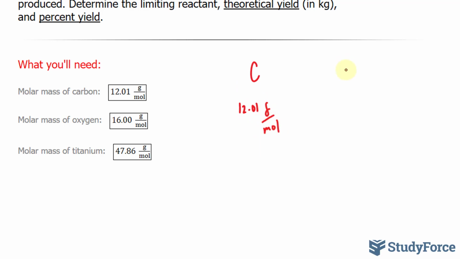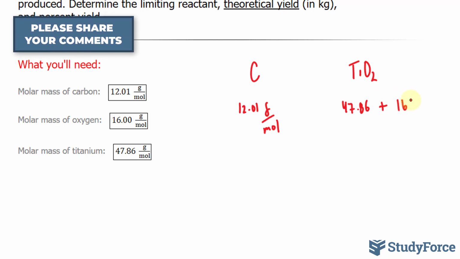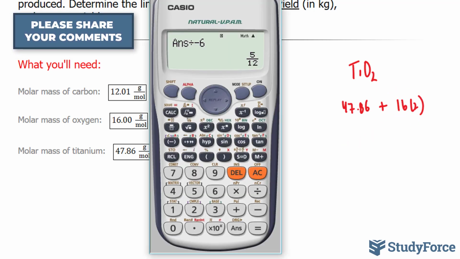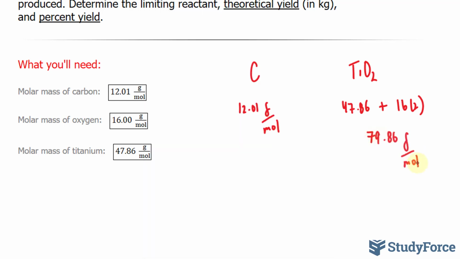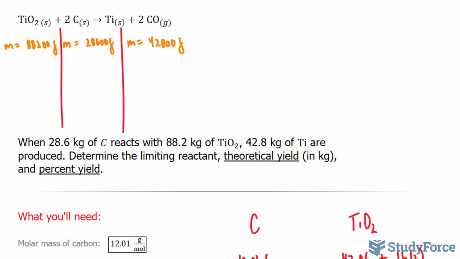For titanium dioxide, TiO subscript 2, we have 1 titanium atom, so 47.86, plus the molar mass of oxygen times 2, 16 times 2. Using our calculator, we have 47.86 plus 16 times 2, and that gives us 79.86. And for convenience sake, I'll write these underneath.